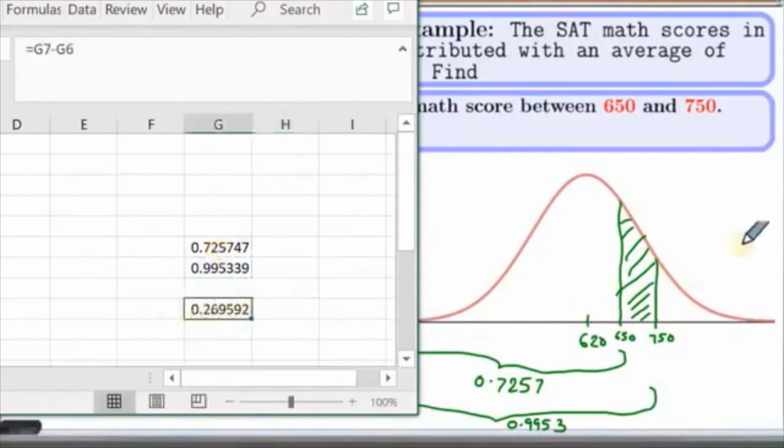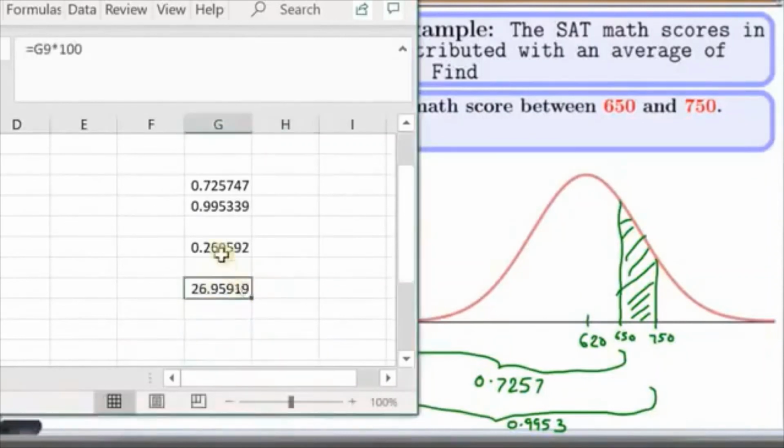So this is the area between 650 and 750, and the question is asking us to find the percentage. Now, all you need to do is multiply this number by 100. Type in equals, then select that, then times 100, then hit enter.